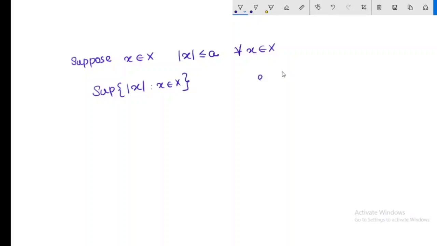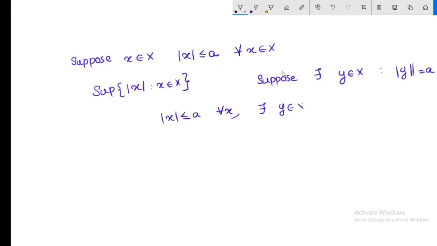Suppose there exists a y belongs to X such that mod y equals a. Then what happens? We have mod x less than or equal to a for every x, and there exists a y belongs to X such that mod y is equal to a.